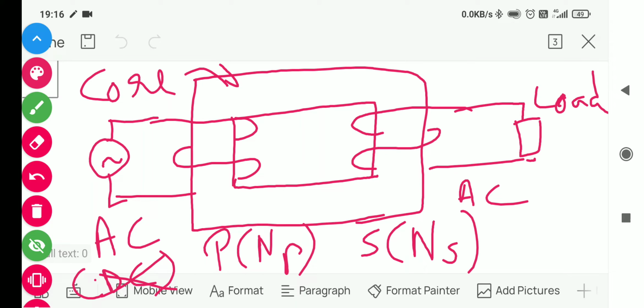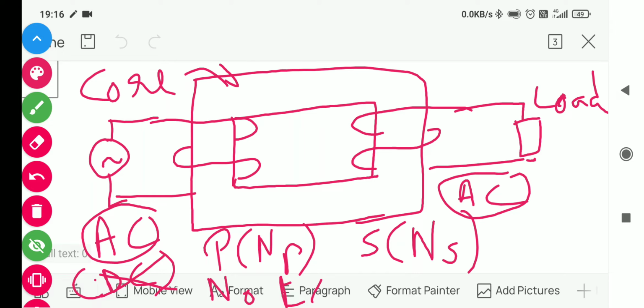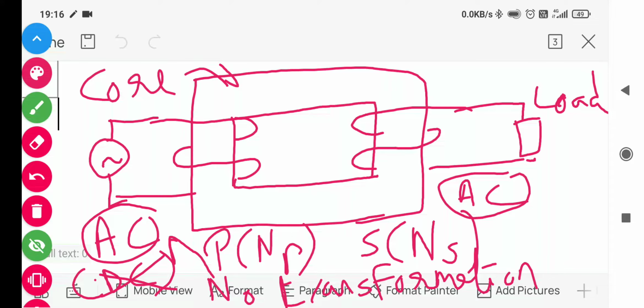So let us try to understand where exactly the transformation is. From the terms AC and AC, it is clear that there is apparently no transformation if you check the input and output. But we are calling it a transformer, so there should be some transformation.